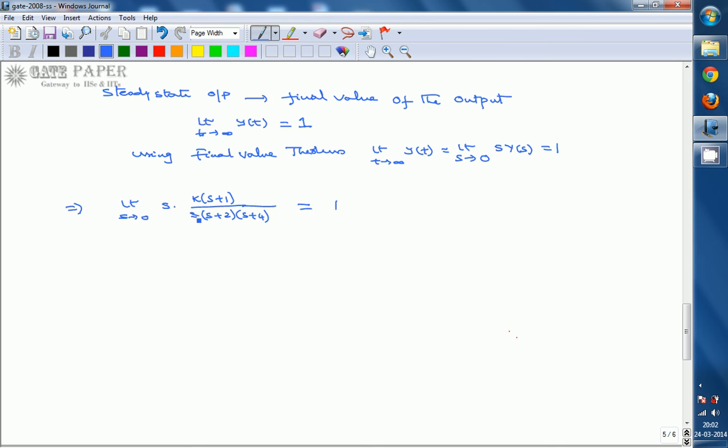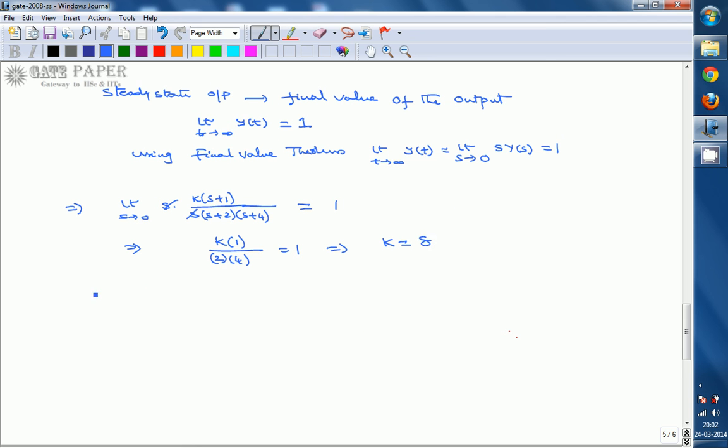So s gets cancelled, and substituting s equals 0 here, we get K into 1 divided by 2 into 4 equals 1. That is, we get K equals 8.